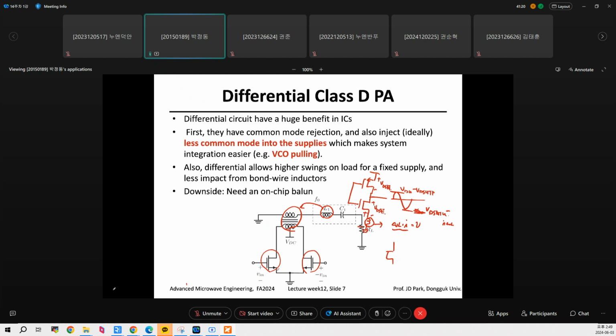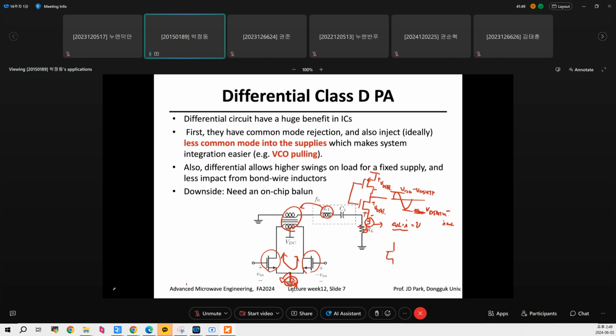However, if you use a differential pair with the common mode grounded, you may avoid all of them because this is a virtual ground. You don't see any inductance over here. Effectively, the current is moving back and forth in this way.